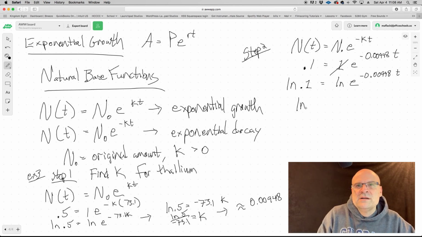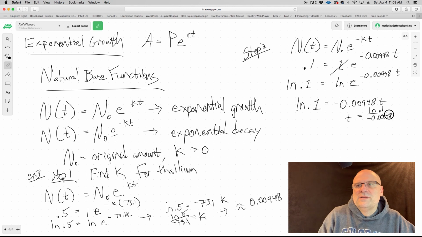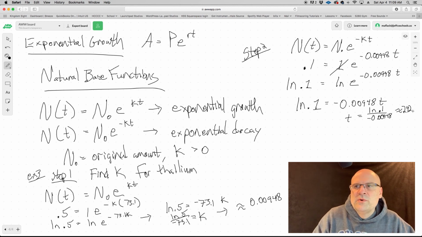So natural log of 0.1 equals negative 0.00948 t. Now we just solve for t. Divide both sides by negative 0.00948, and we get, let's see, plug that into your calculator, and we get 242.9-ish hours.